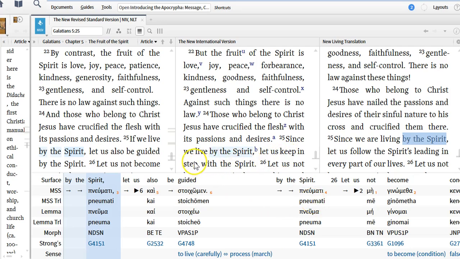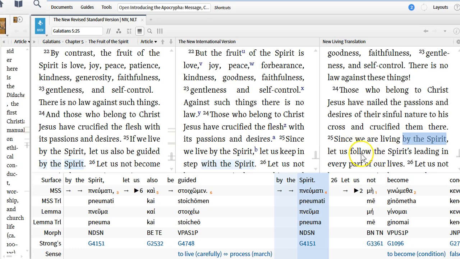And in this instance, since step, keeping in step, is clearly a metaphor for marching in a certain rhythm, following a certain leader, then we would probably see with the Spirit here as definitely a dative of rule or a dative of standard.